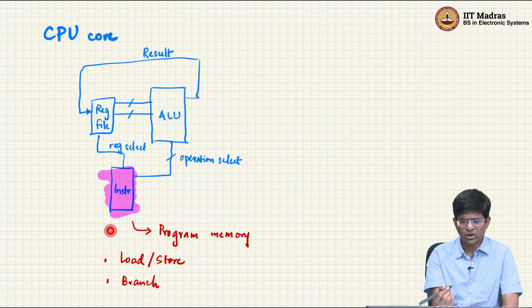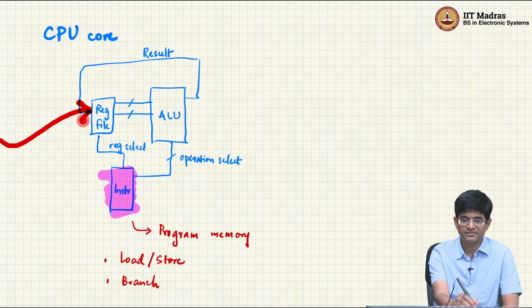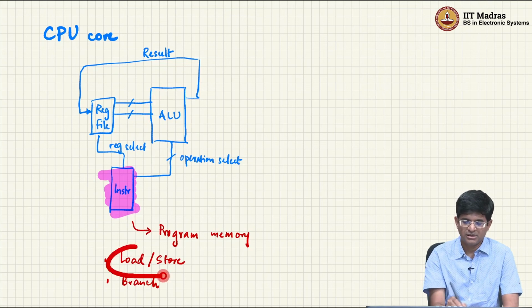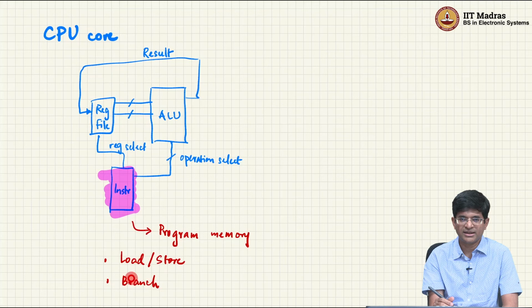And if you think about it, all that I now need to do is add a couple of more different types of instructions: the ability to load or store data from some external memory into this register file, and also the ability to jump from one place to another within this set of instructions by basically changing the address that I pass into this memory, right. Once I have done that, I have ALU operations, load store operations, branch operations. I have a processor, a CPU as we normally say.